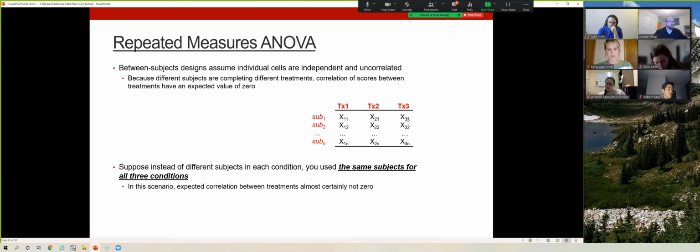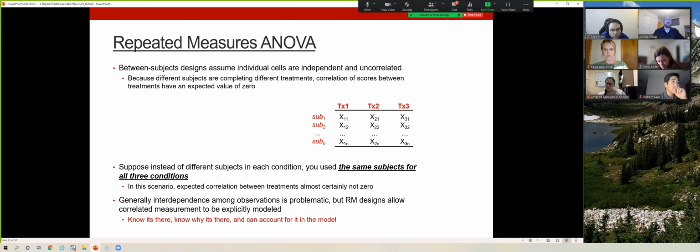In that case, would we expect that the results of treatment 1 would be uncorrelated to 2 and to 3? No, because we've got the same people performing across each one of these. So what we've essentially done is we've introduced a correlation into each one of these treatments. And generally this is problematic.